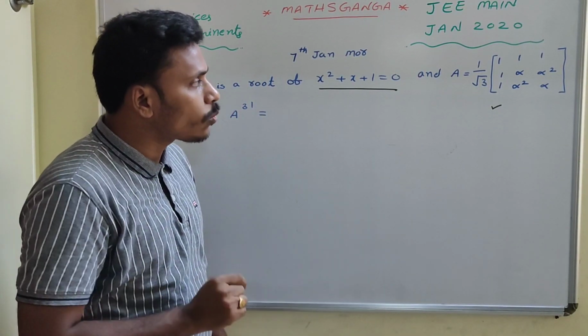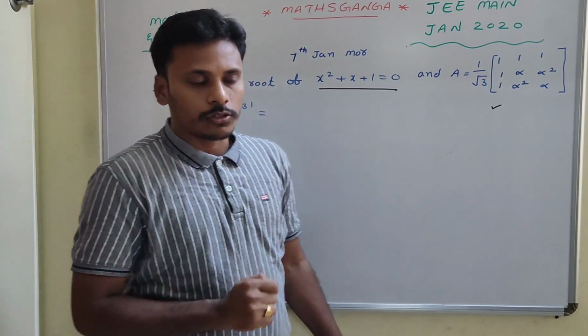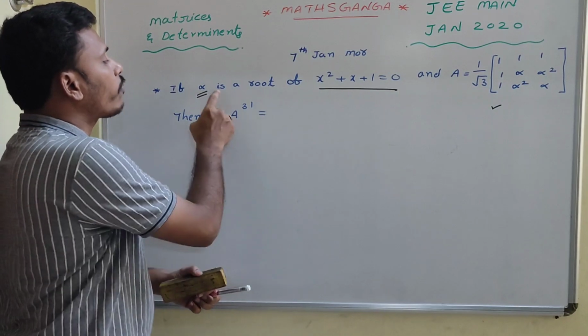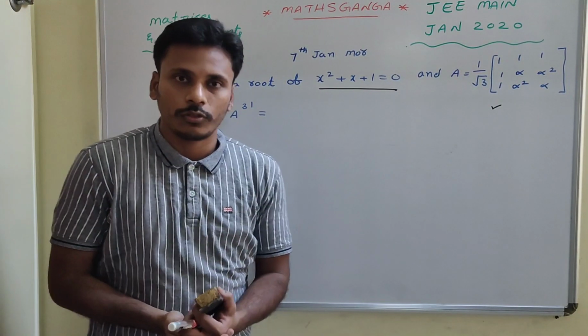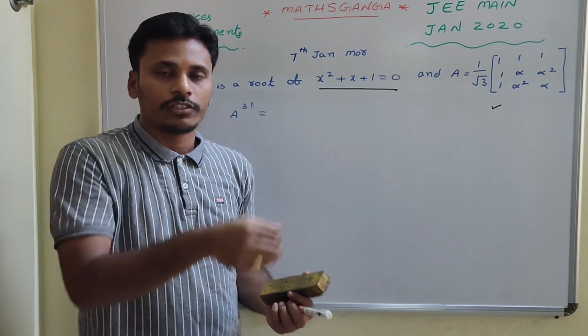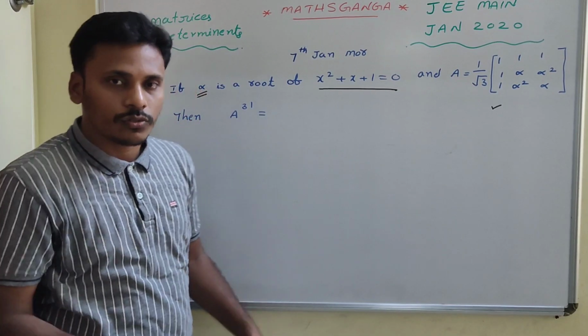To calculate A square, alpha is involved, so we need to know about alpha also. The given alpha is a root of x square plus x plus 1 equals 0. For that you need to utilize your knowledge of the roots of this equation.